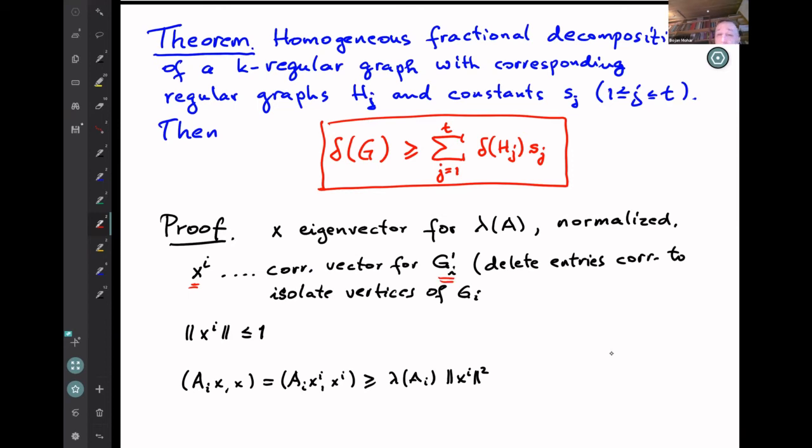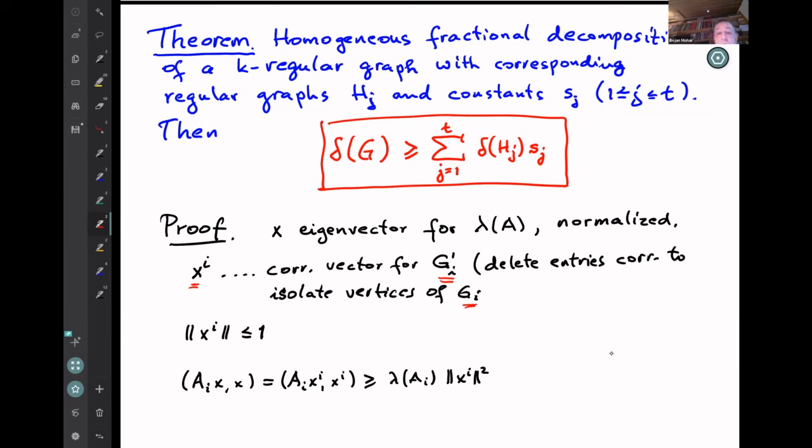Now, G_i would be a subgraph, but I mentioned that we delete isolated vertices from G_i. So when we say the eigenvector x adjusted to this subgraph, we just delete the values of this vector corresponding to the isolated vertices.